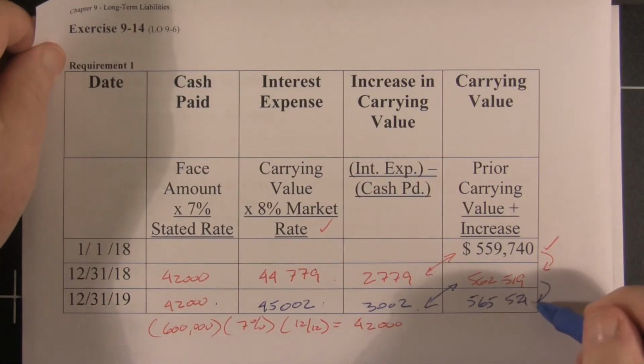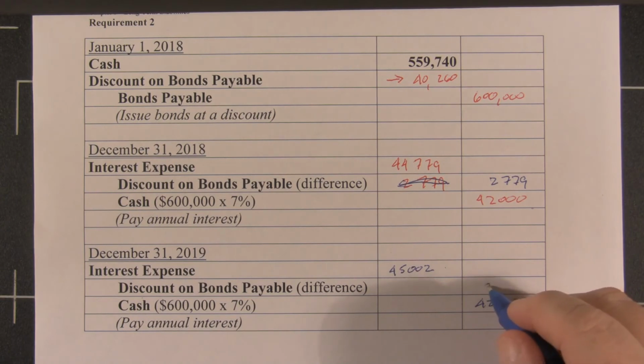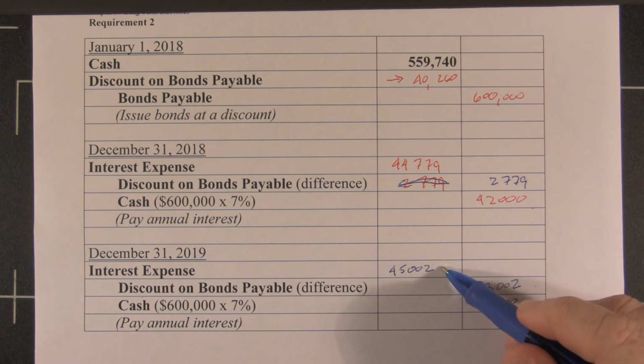You see that right here. And that's $3,002. The cash we spend plus the amount of discount we amortize is the total interest expense.